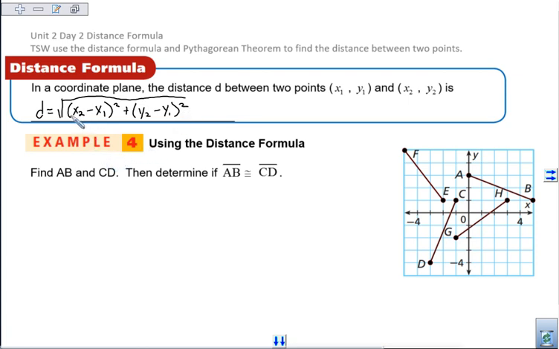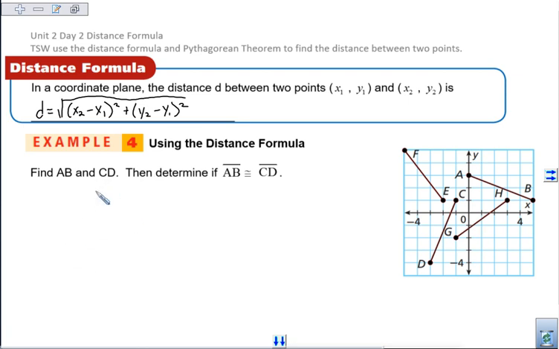So again, that's the square root of x2 minus x1, in parentheses, squared, plus y2 minus y1, in parentheses, squared. So you need two ordered pairs to complete the distance formula.